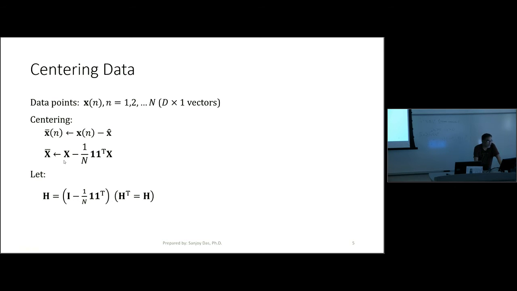Now, the expression is X minus 1 over n, 1 1 transpose X. You see X and X here, so I take X outside. I define H equals I minus 1 over n, 1 1 transpose. This is the centering matrix, H. Let me write it down because this is an important expression.